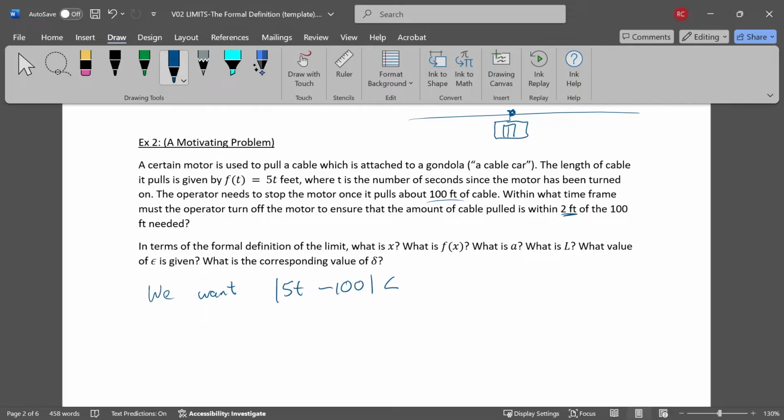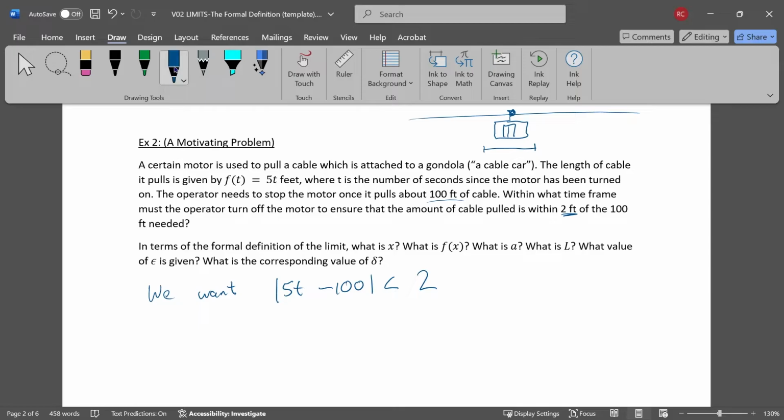It says we want to assure that the amount of cable pulled is within 2 feet of the 100 feet needed. This might mean there's a little platform here with a little overhang, 2 feet in each direction, so you need to make sure you're within that 2 feet of extra overhang when you stop the cable car. So we want the distance between 5t and 100 to be less than 2 feet.